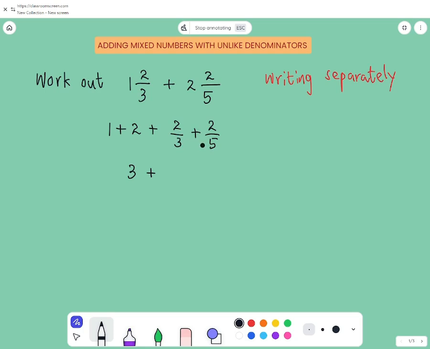So when you have unlike denominators, we have to make them equal. So how do you make them equal? That is LCM. Okay, I write 3 and 5 and I find the LCM.